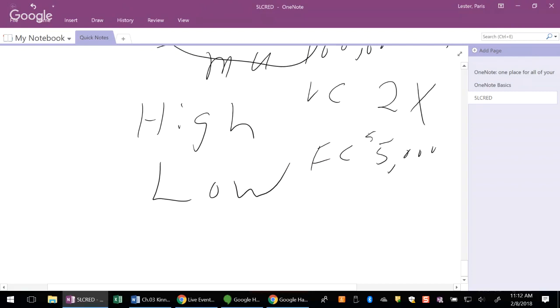Your variable cost is 2x, or even $2 times the number of units. Let's say I gave you a number of units of 700. Find the total cost real quick with what I have scribbled down here, for 700 units.